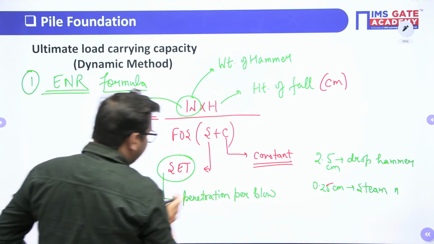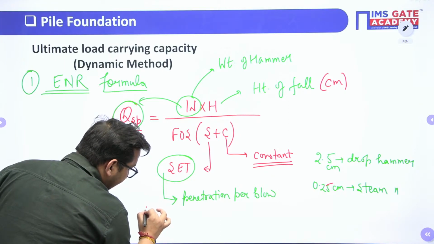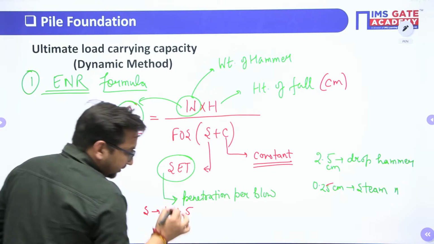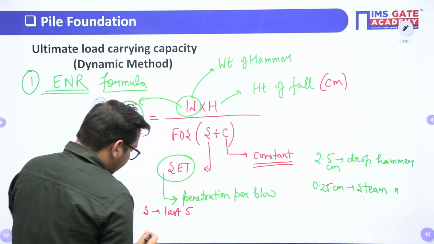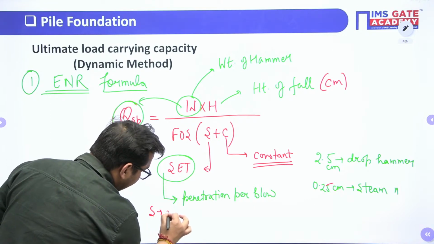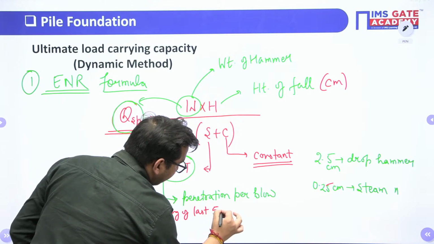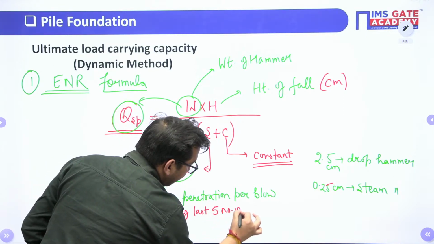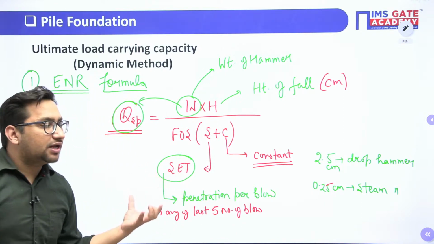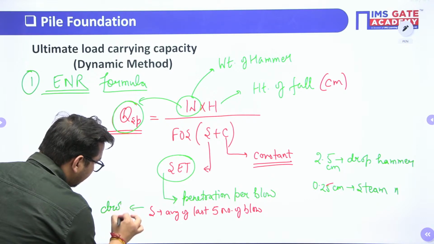And this S value is calculated as the average of the last 5 number of blows. So in the last 5 number of blows, what is the average penetration? That will be your set value, in case of drop hammer.